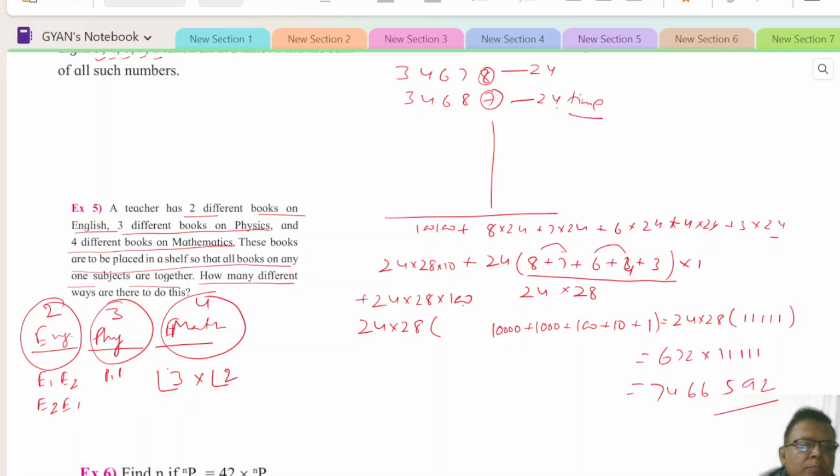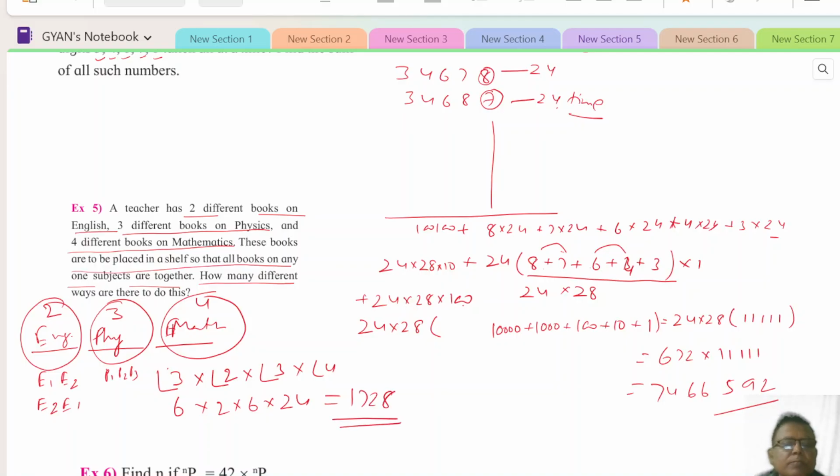Similarly, physics 1, physics 2, physics 3 can also be arranged in factorial 3 ways. And this also can be arranged in factorial 4 ways. So the total answer will be this much. So this is 6, this is 2, this is 6, and this is 24. So that will be equal to 1728.